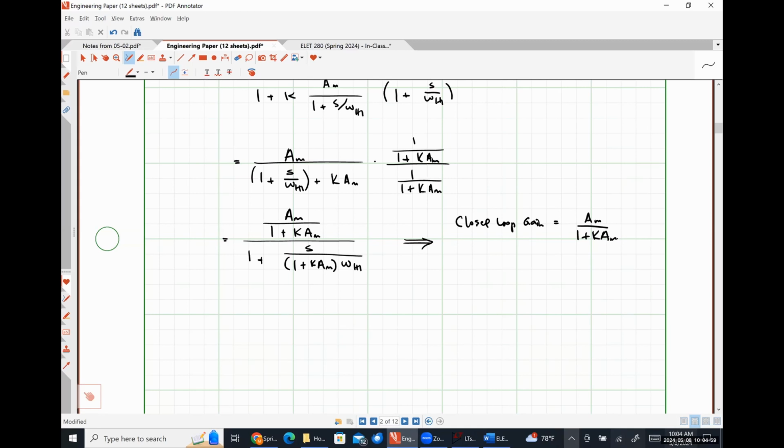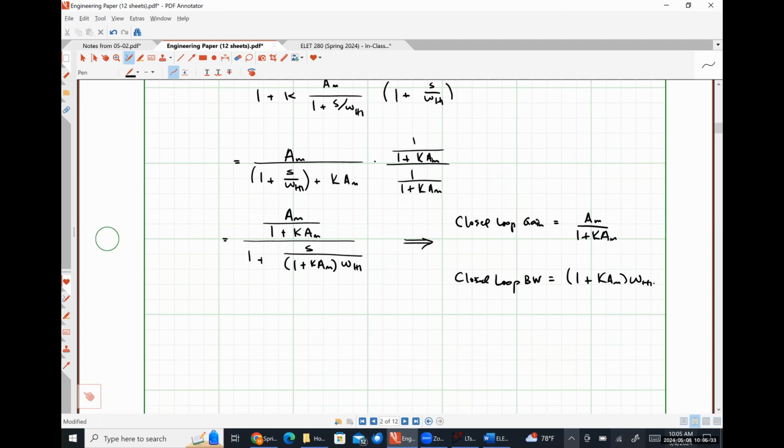What's happened to our bandwidth? Well, now we have 1 plus KAM times omega high. So our open loop gain got reduced by one amount, and our bandwidth got extended by literally that exact same amount.